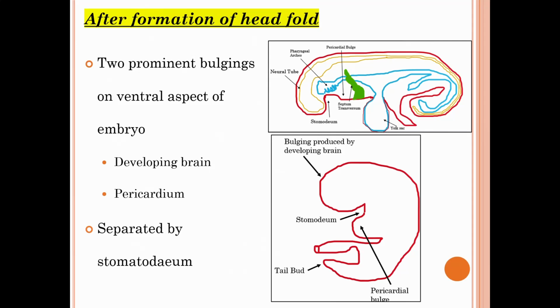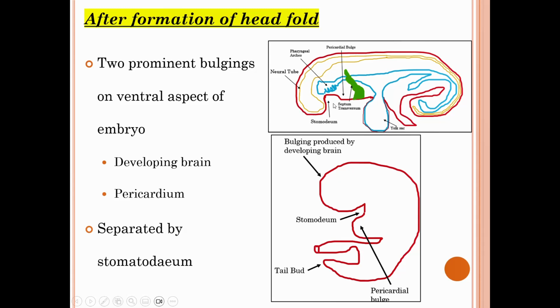First, here we see what happens after formation of head fold. So here you see this is the head fold. After formation of the head fold, you are able to see there are two prominent bulgings on the ventral aspect.